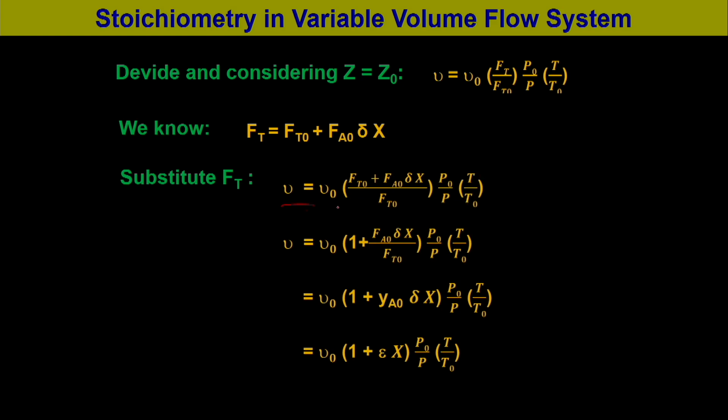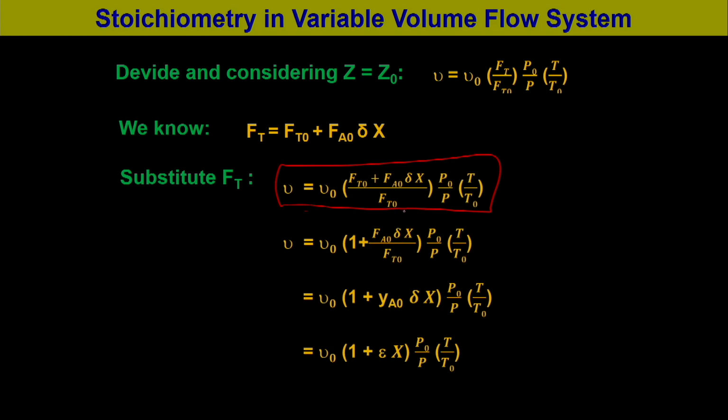Rearranging, V is equal to V naught 1 plus F A naught delta X by F T naught into P naught by P into T by T naught.